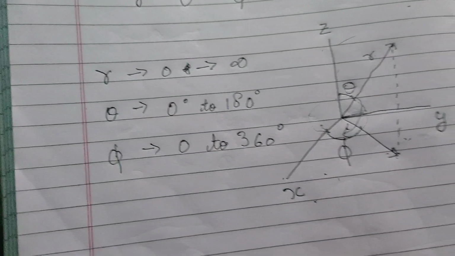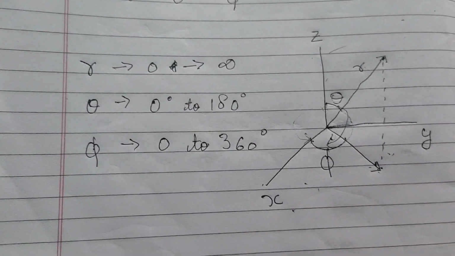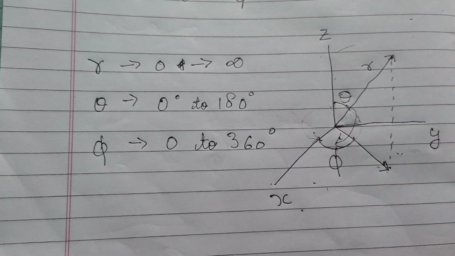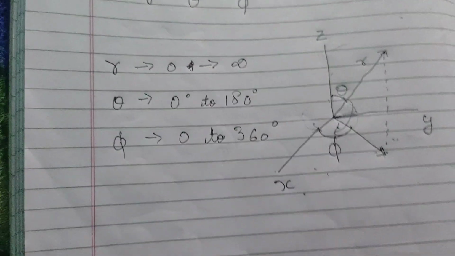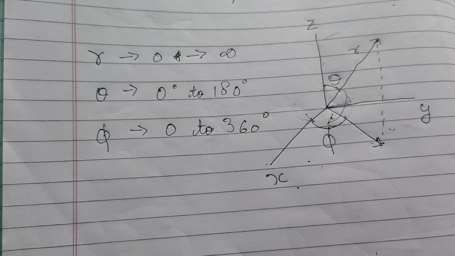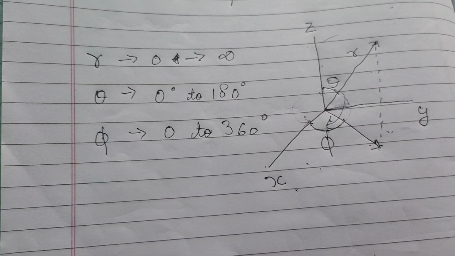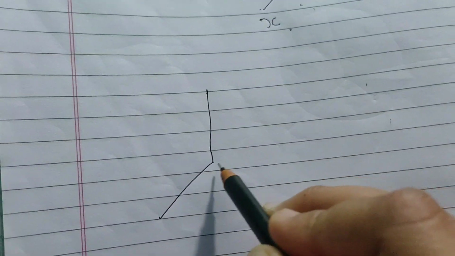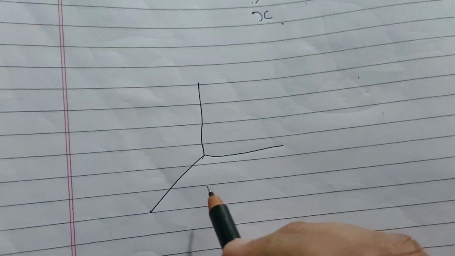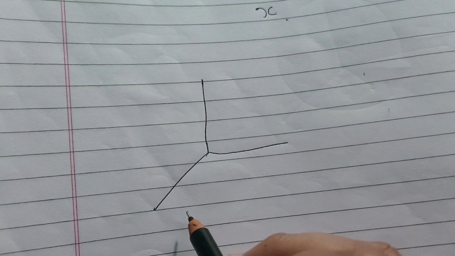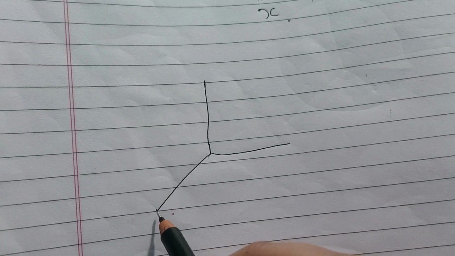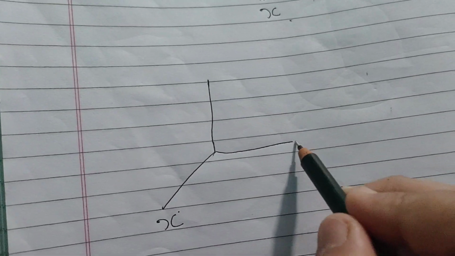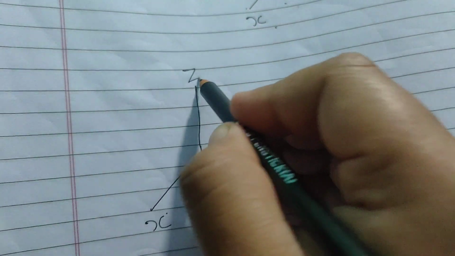So let's see if these coordinates make a sphere or not. This is for confirmation that these axes are for spherical polar coordinates. These are the Cartesian coordinate system: this is x, this is y, and this is z.